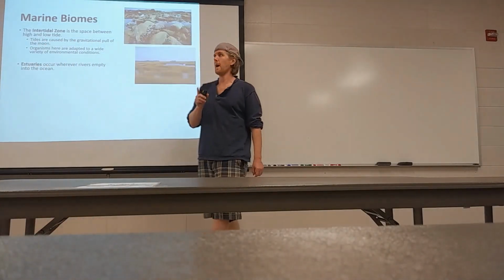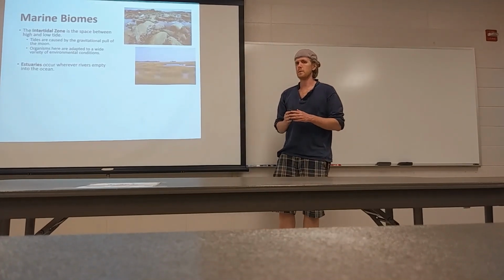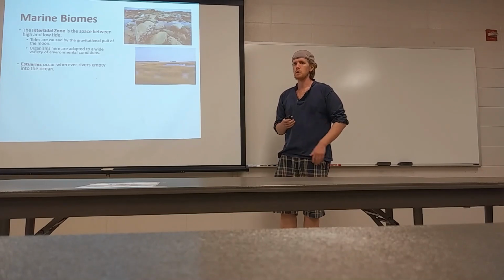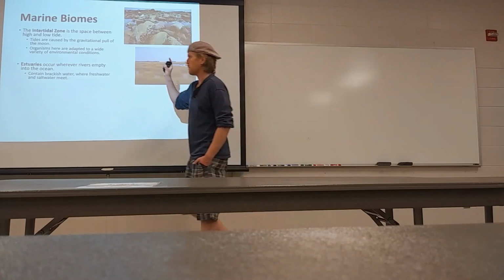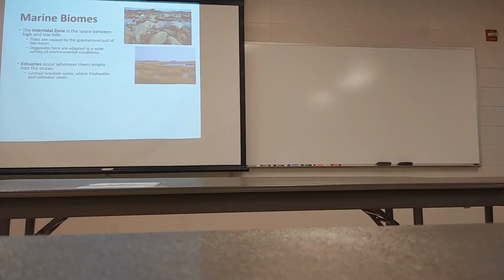The next and last slide for this marine biomes part is going to show you what happens when fresh water coming from a river meets with salty water of the ocean. Estuaries occur where rivers empty into the ocean. The term for water that does not have the roughly 35 parts per thousand salinity of ocean water, or the roughly 0 parts per thousand of fresh water, is called brackish water.